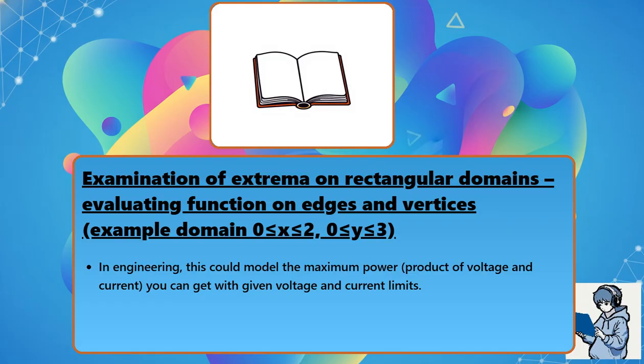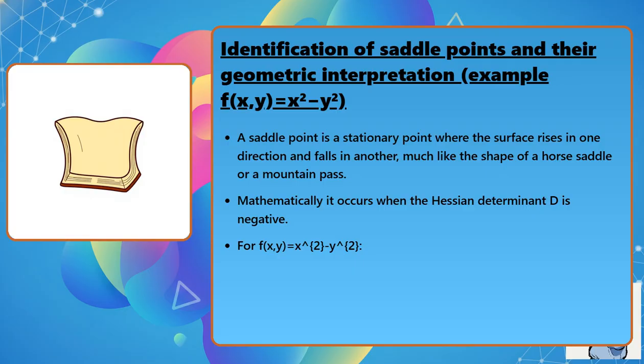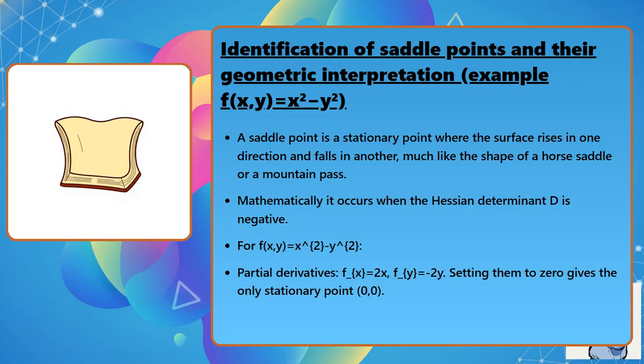A saddle point is a stationary point where the surface rises in one direction and falls in another, much like the shape of a horse saddle or a mountain pass. Mathematically, it occurs when the Hessian determinant D is negative. For f of x, y equals x squared minus y squared, the partial derivatives are f sub x equals 2x, f sub y equals negative 2y.